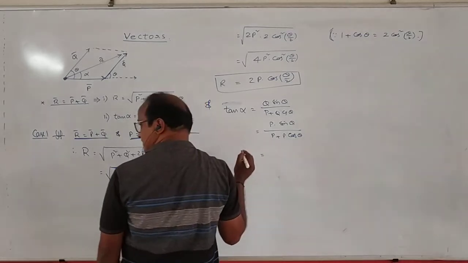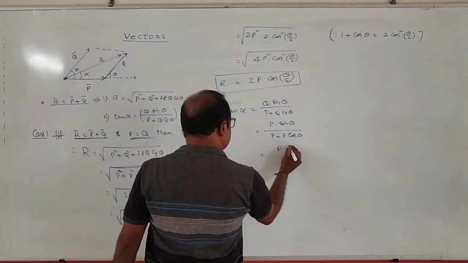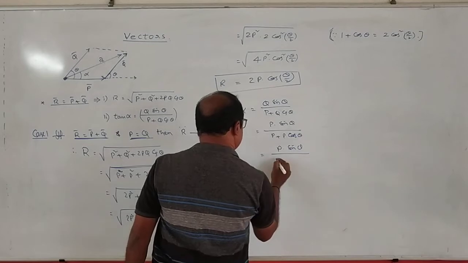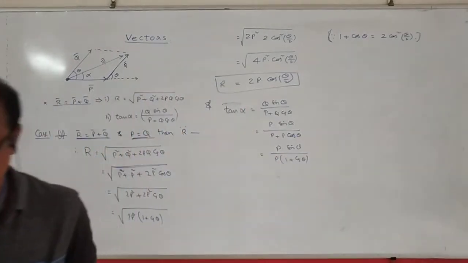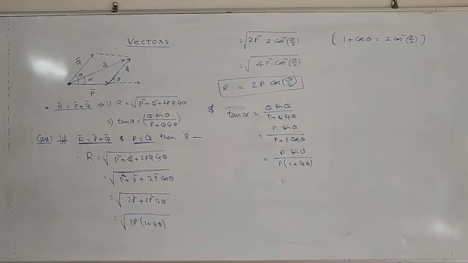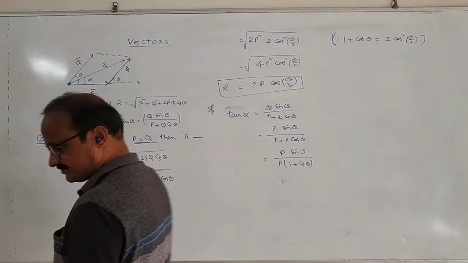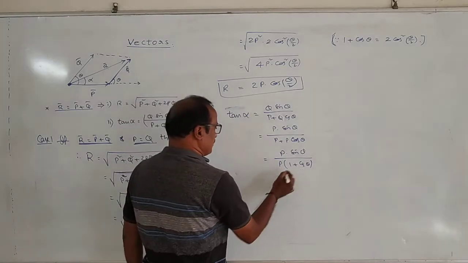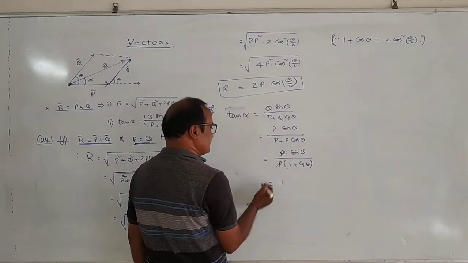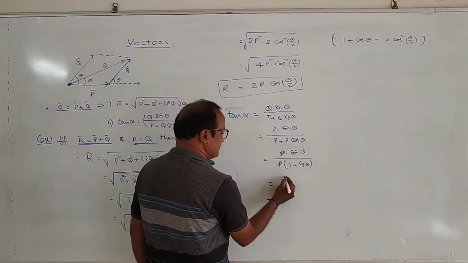That is equal to P sin theta by, here P is common, P into 1 plus cos theta. Let's see here. P sin theta by P into 1 plus cos theta. Here P and P cancel.